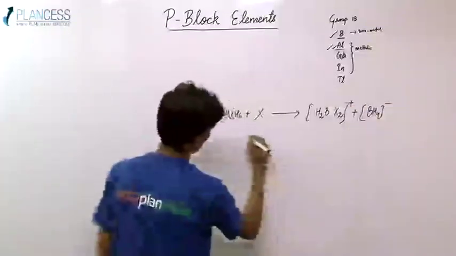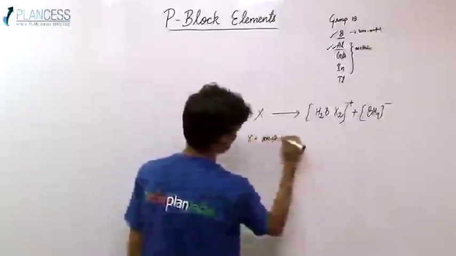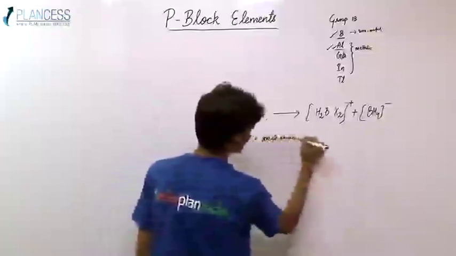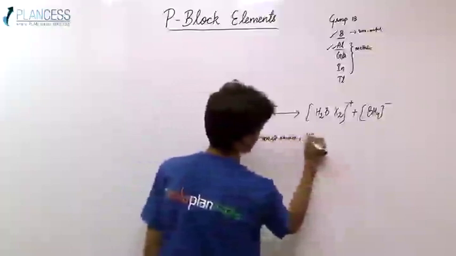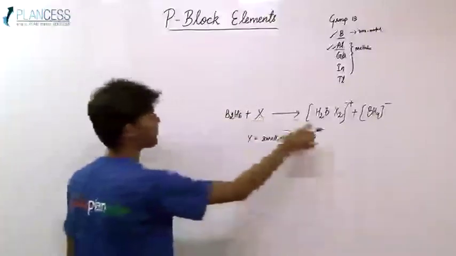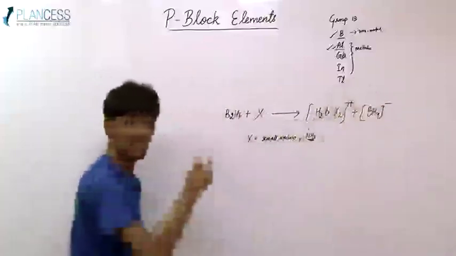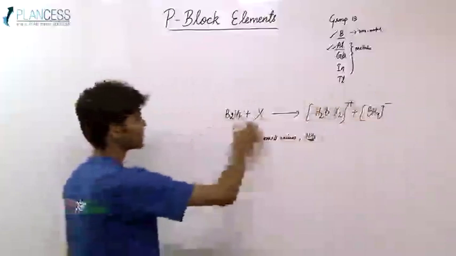Here X would be small amines and ammonia also. Ammonia and small amines. So if B2H6 reacts with NH3, it would form [H2B(NH3)2]+ and BH4-. This is an unsymmetrical cleavage of B2H6.